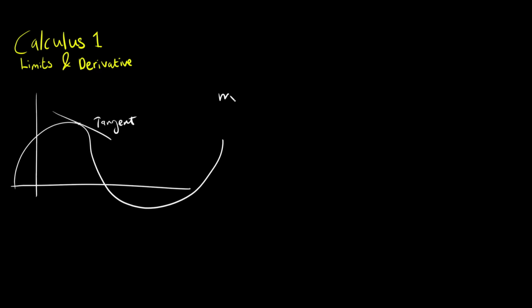To find our tangent line, we have to plug in our function: f(x2) minus f(x1) over x2 minus x1. This is our slope, and with the slope we can find the equation for our tangent line. However, to find the slope we had to plug in a lot of values.